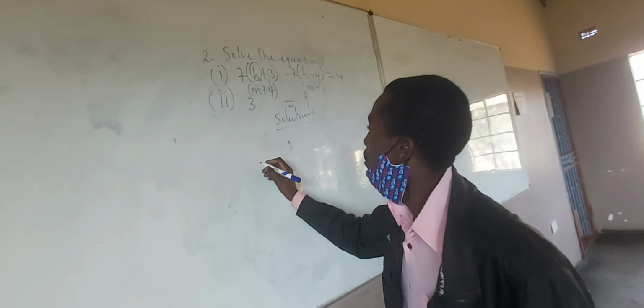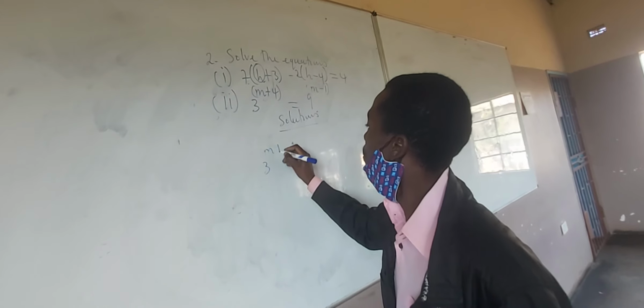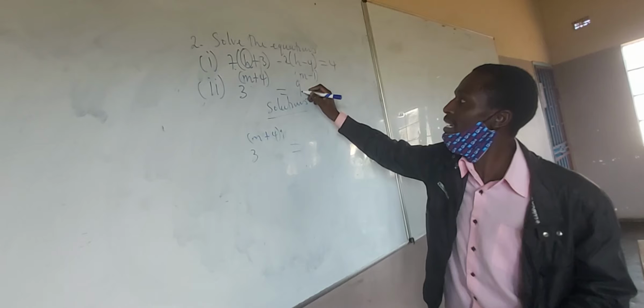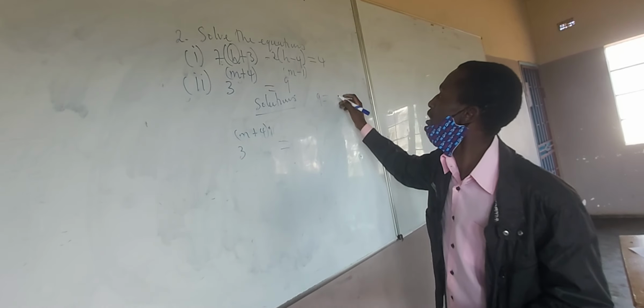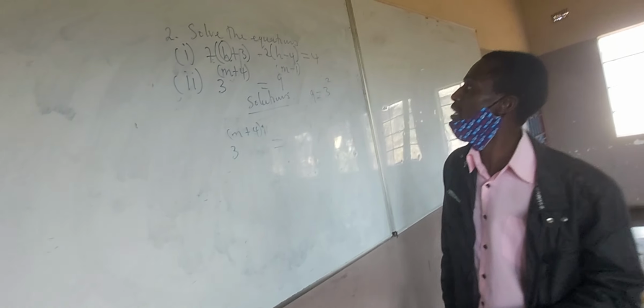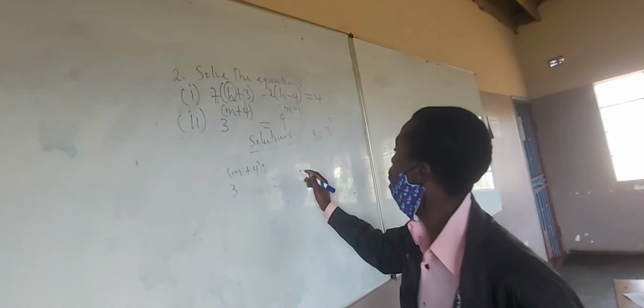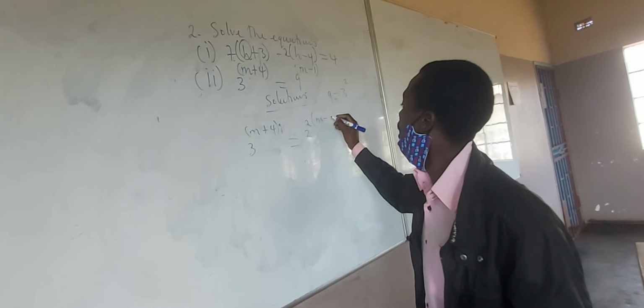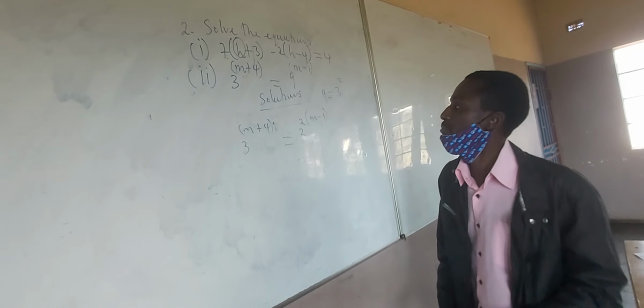So 3 to the m plus 4, that is equivalent to 9. 9 is the same as 3 squared. So we have to say 3 to the power 2 multiplied by m minus 1.